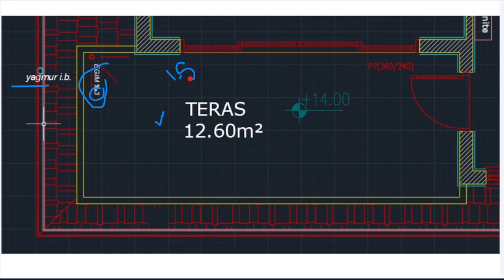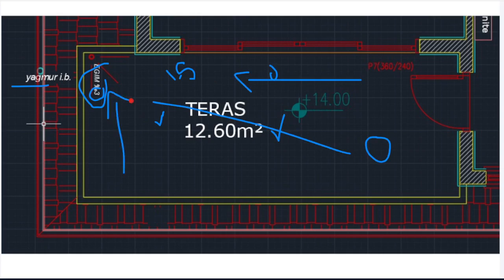Believe me, it is less. Don't force them to do it 3%, at least 2%. And the reason is that you will see they are not working perfectly with the slope. And if you wash this balcony, half of the water will stay here, half of the water will stay in this part. But if you create a nice slope, automatically water will go.